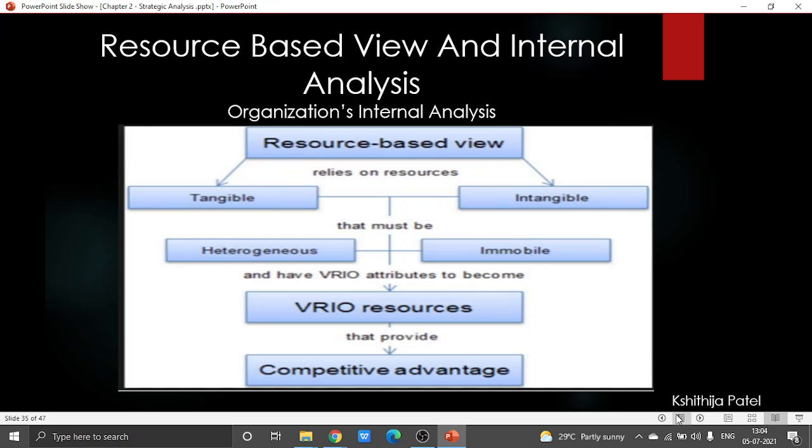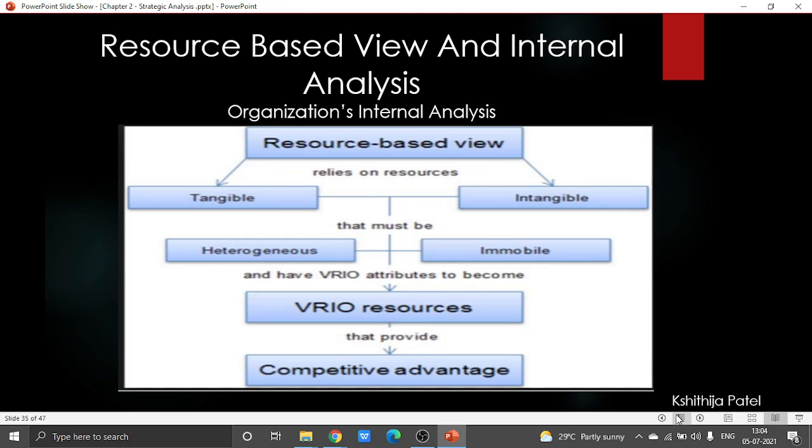And to bring such competitive advantage, all that is necessary lies basically in the utilization of valuable resources. Now all this bundle of valuable resources can be tangible or intangible resources which are there in the hands of firms.